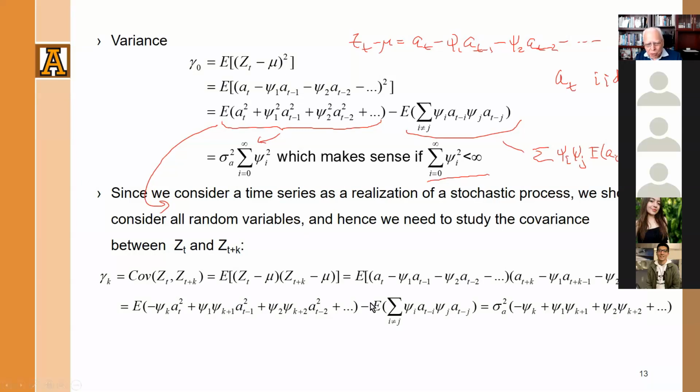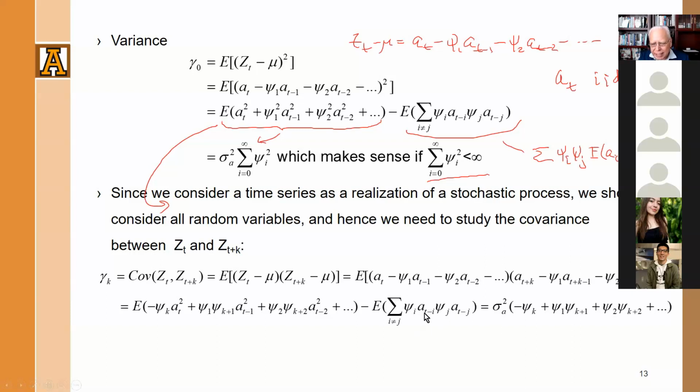For all the other cross products that I have here, when I multiply AT by any AT that doesn't share the same subindex in time, that expected value is going to be 0. Okay, those expected values are going to be 0, and I'm grouping them here.